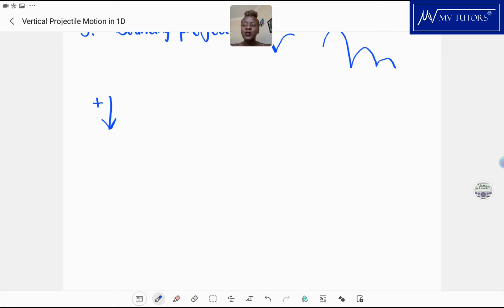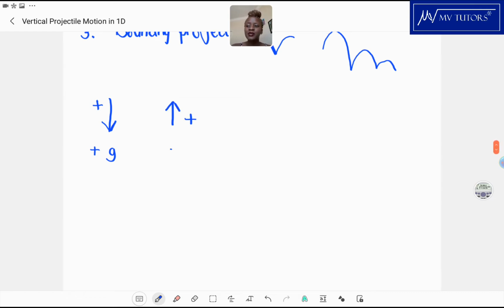Okay, so if downwards is positive, remember gravitational acceleration always acts downwards. So in this case you will have a positive gravitational acceleration. All right, and if you choose upward as positive, because gravity is always acting down, in this case, gravity will be negative. So while you're doing your calculations, please choose, is downwards going to be positive or is upwards going to be positive, and then go on as you chose.